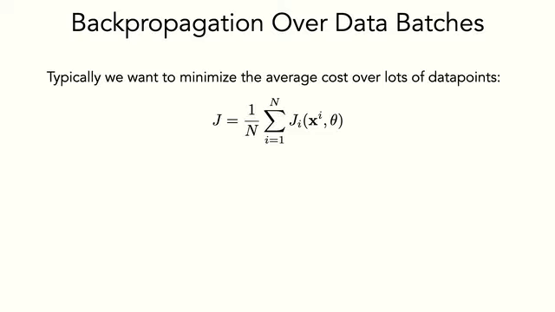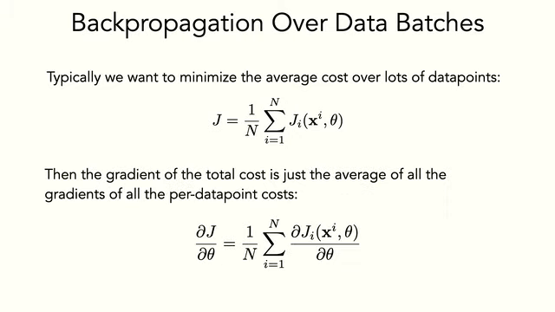Technically, that means we want to minimize the average cost over lots of data points, the entire size of a batch. And in this day and age with very large memory GPUs, that batch size could be thousands of data points at once. So the gradient of the total cost is just the average of all the gradients of the per data point costs, because when you take a derivative, it can move inside the sum.